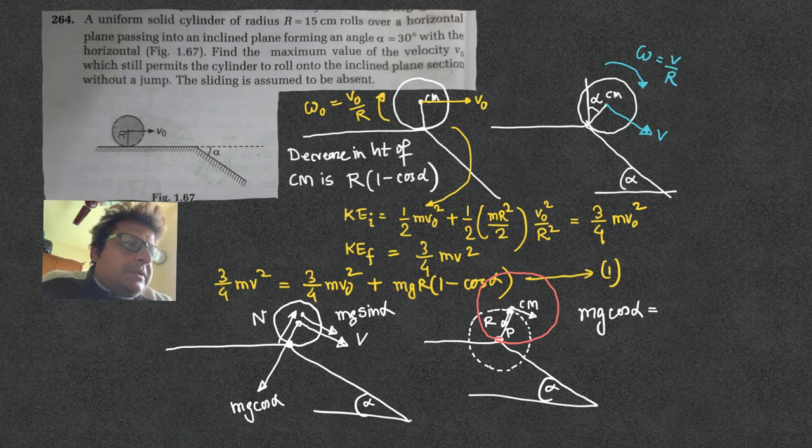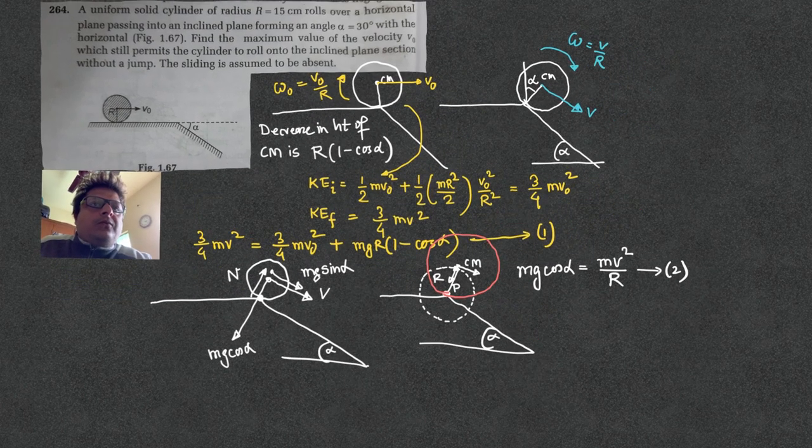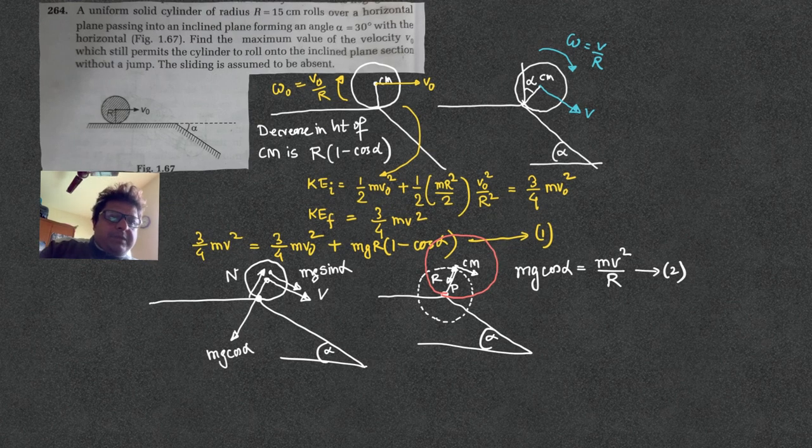So mg cos alpha equal to m v square by r. So let us make this equation 2. Now we can mix up equation 1 and 2 and find whatever is needed for us to find.